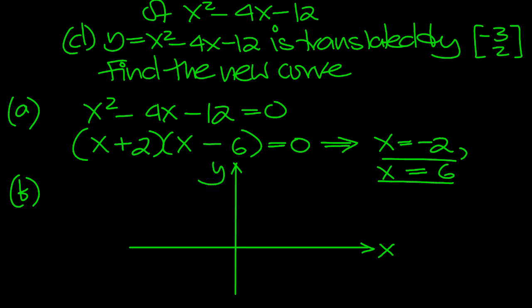Okay, we know the roots are at minus 2 and 6. Put them in. And we know that when x is 0, put 0 in here, get 0, minus 12. So it's actually going to go right down to minus 12. Different scale on the y-axis.